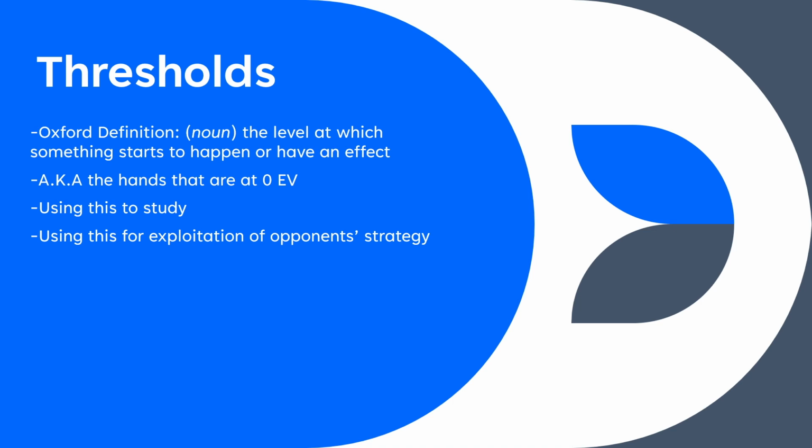So if a person doesn't have enough zero EV hands in their range, then you don't show as much aggression because their range isn't wide enough. Or if they are folding those zero EV hands too often, then you bet or raise more often.